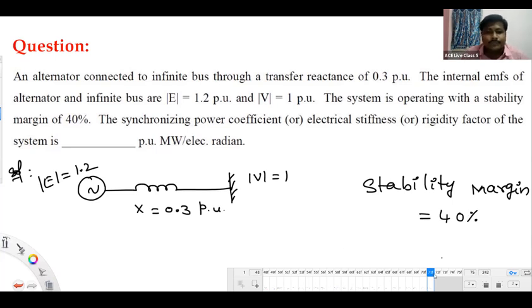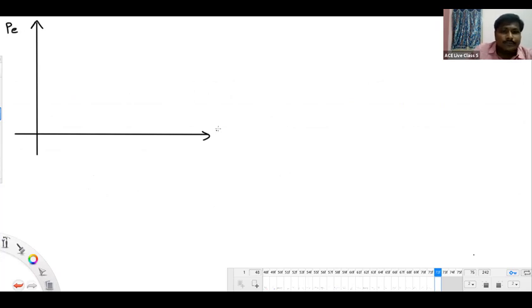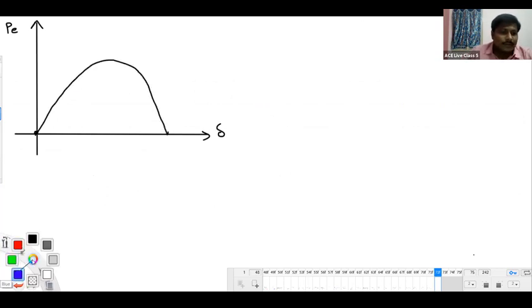Look here. I'm showing the power angle curve, P versus delta. This is a power angle curve, and this is the maximum power transfer capacity, P maximum.